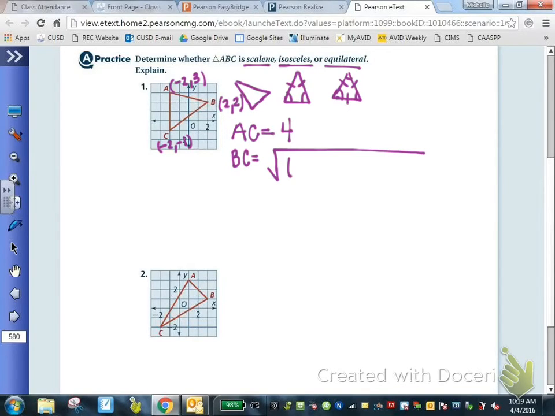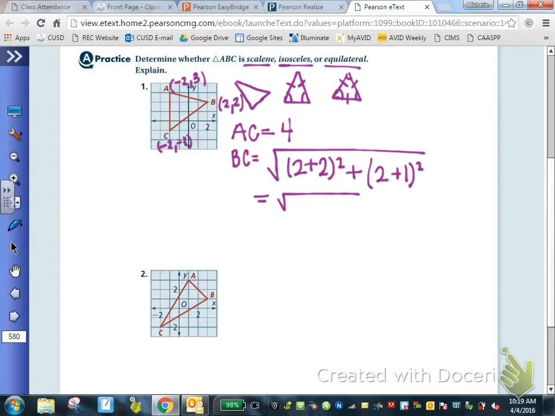So let's find the difference between the x's. What is the x coordinate of B? 2. Minus the negative, so that makes it plus what? 2 squared. Plus the difference in the y's. Y coordinate of B? Minus negative 1, so that makes it plus 1 squared. I hope you guys are not writing as large as I am.